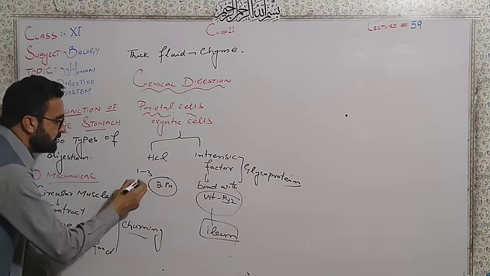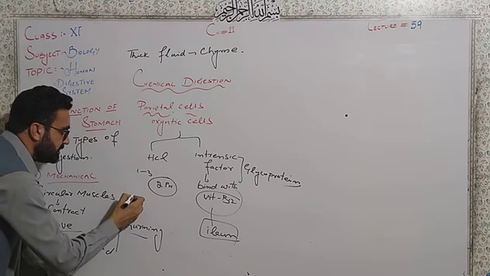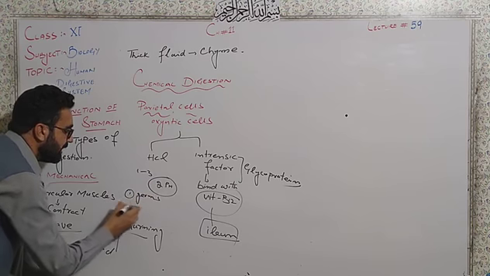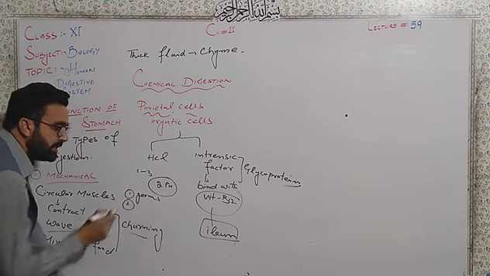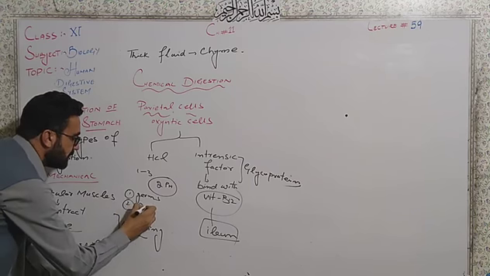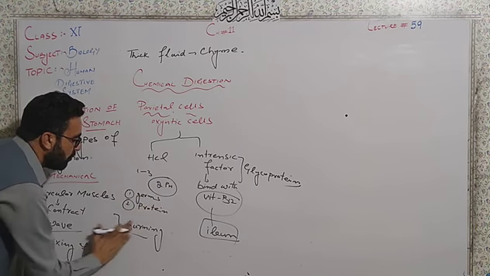The first function of HCl is that it will kill all the germs. Secondly, it will attack the proteins, causing denaturation. Some surface protein bonds will be broken.